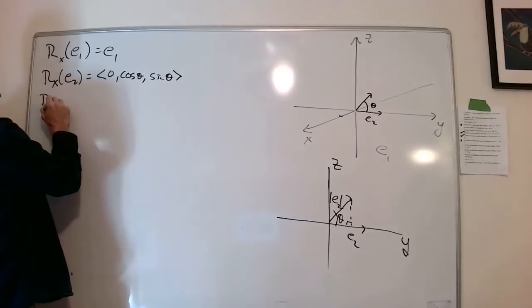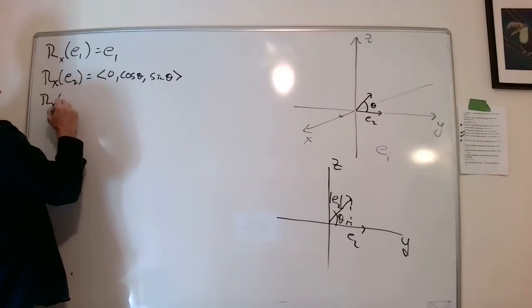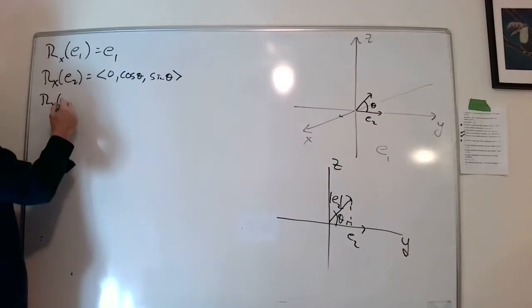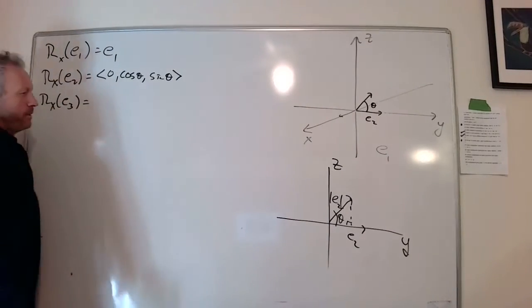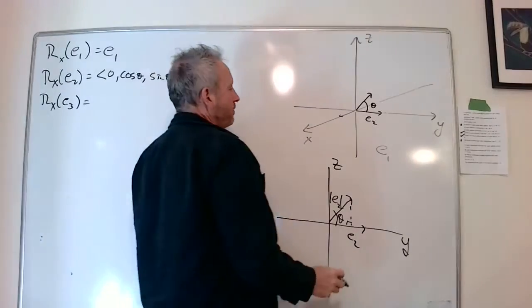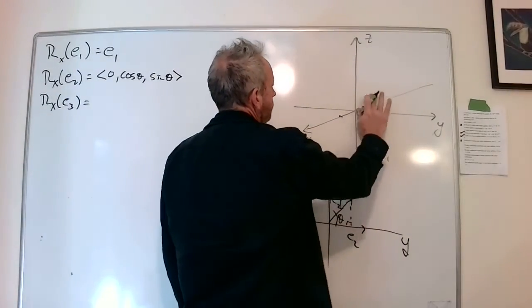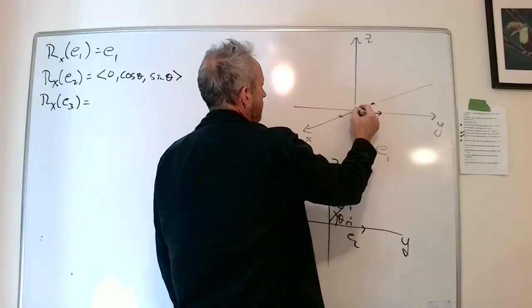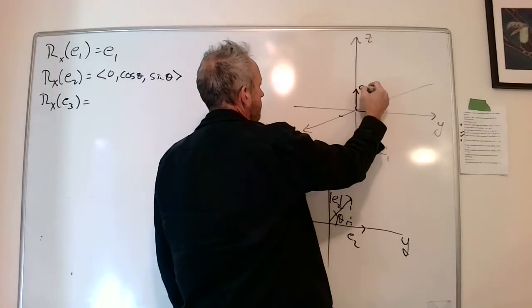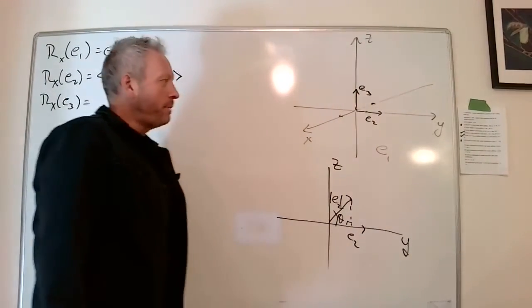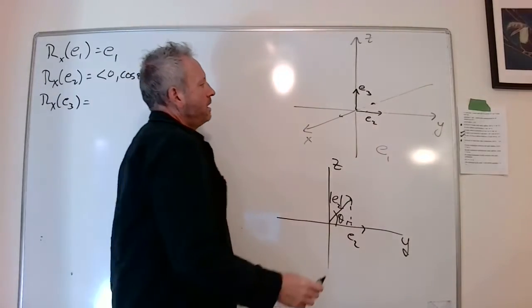And let's get the rotation about the x-axis of theta degrees of e sub 3. We're going to do a similar sort of thing. Again, I have to be a little careful how I draw the picture here, but here's e sub 3 right there, the unit basis vector in the z direction.